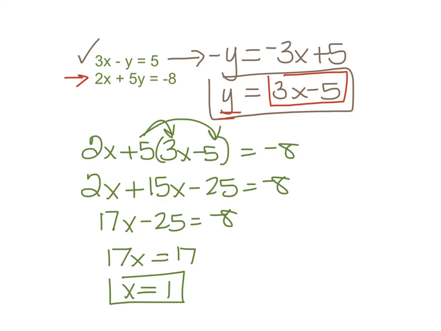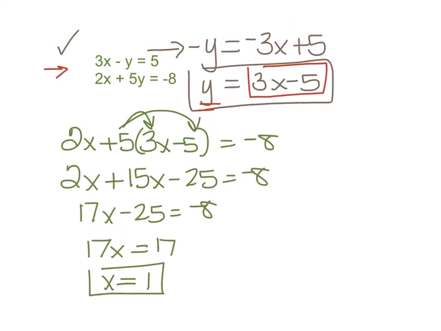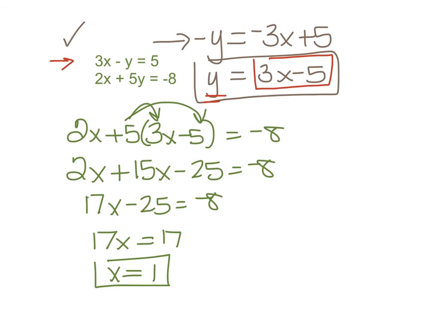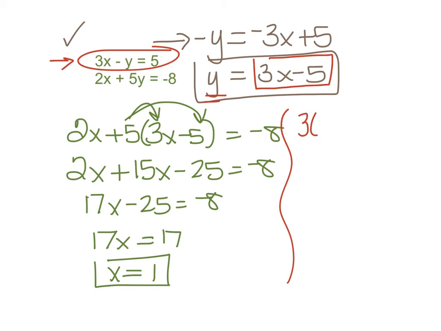Now I want to take x equals 1 and plug it back into one of the original equations, not the one that I transformed, to figure out what y is equal to. And I'm going to choose this one right here. So to solve for y, I'm going to take out x, plug in 1: 3 times 1 minus y equals 5.